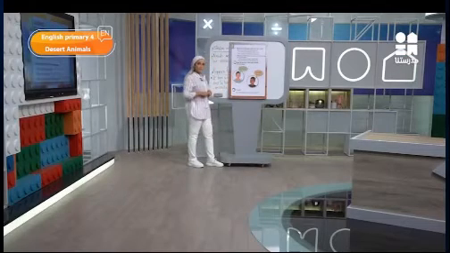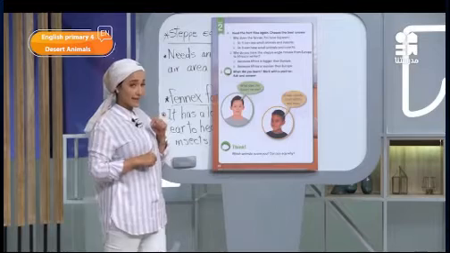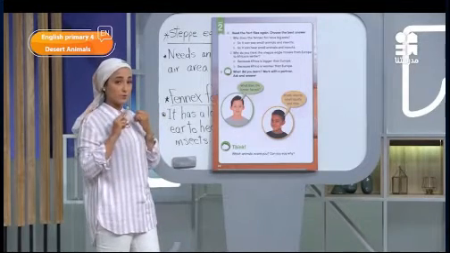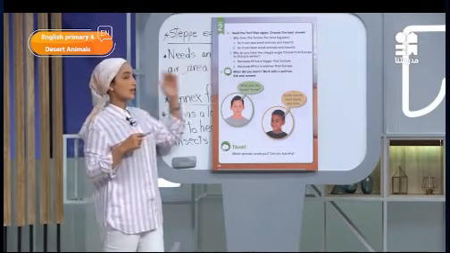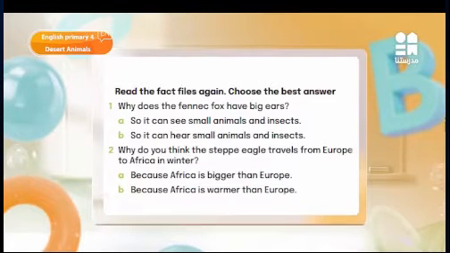Look here. Exercise 4. Read the fact file again. So you should go back to the two fact files about the fennec fox and about the eagle to check these questions. Number 1. Why does the fennec fox have long ears?